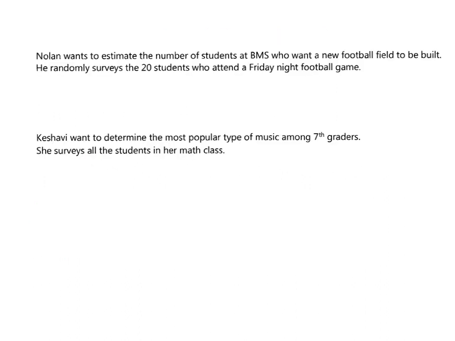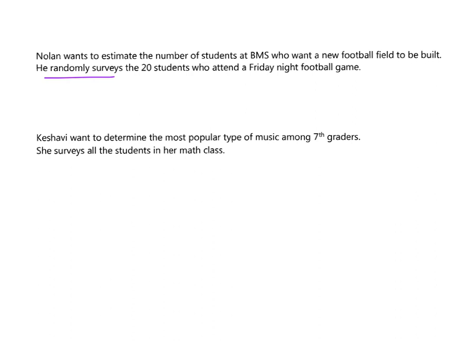In the first example, it says that Nolan wants to estimate the number of students at BMS who want a new football field to be built. He randomly surveys 20 students who attend a Friday night football game. Now, it sounds like his sample is going to be unbiased because he's randomly choosing students at the game.